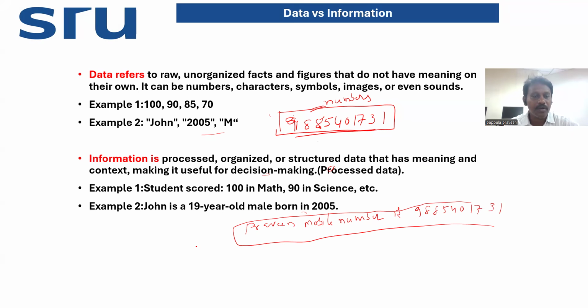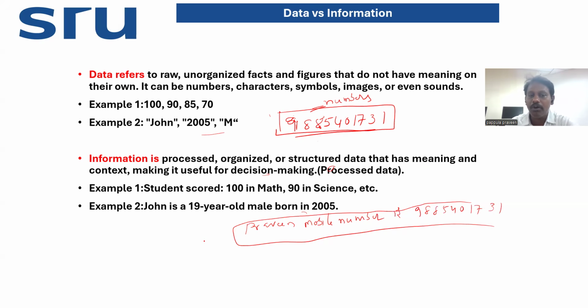Now coming to our previous example, 100, 90, 85, 70, there is no meaning, they are just numbers. Example 1: information is meaningful data, organized and processed. So now I write: the student scored 100 in math, 90 in science, 85 in social, 70 in English. This is a meaningful statement.